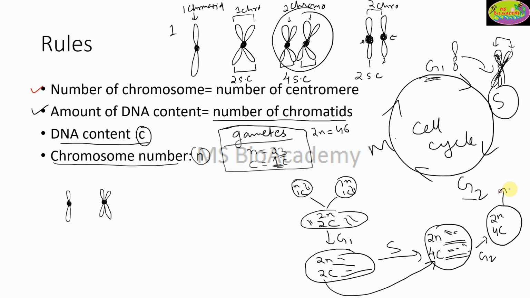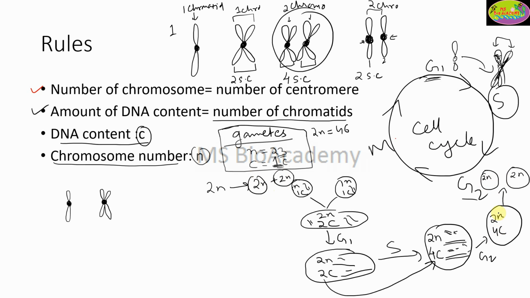Now what about the mitosis phase? When it enters mitosis, it will form two daughter cells, right? So here the two daughter cells will get what? 2N, 2N each. In mitosis, the diploid cell is restored in the two daughter cells, correct? We know this. It will become diploid only. So 2N, 2N will remain, but what about the DNA content?